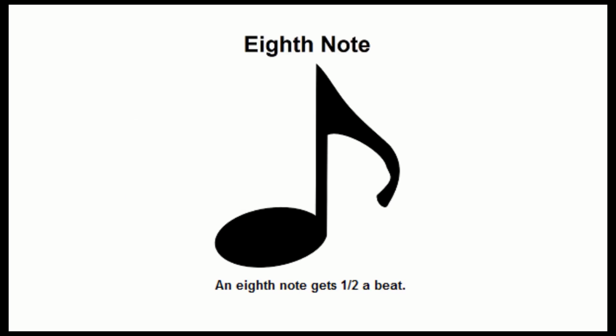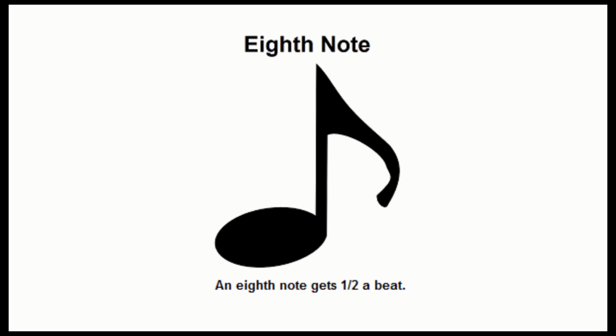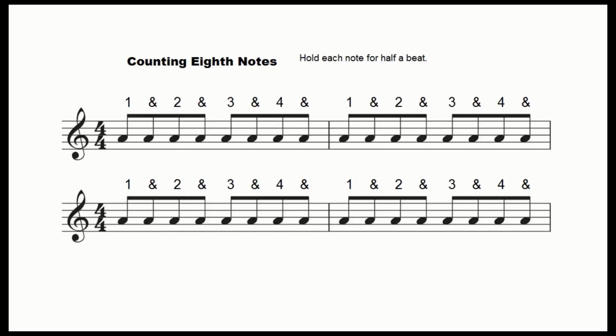The 8th note. British name, quaver. An 8th note or quaver lasts for half a beat. It is played for 1/8 the duration of a whole note. It is half the duration of a quarter note, 1/4 the duration of a half note, and 1/8 the duration of a whole note.